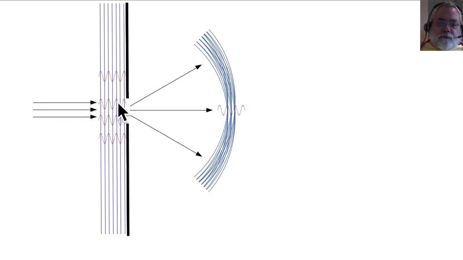Where it hits the slit in the barrier, it goes through and forms a set of cylindrical waves that start at each point in the slit. And those cylindrical waves combine in complicated fashions, but straight ahead, they are all in phase.